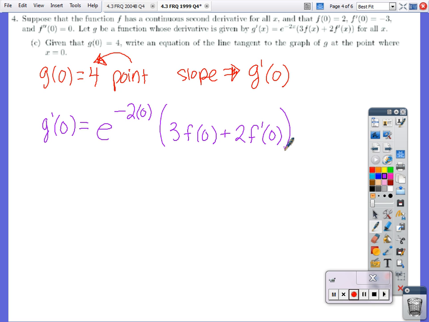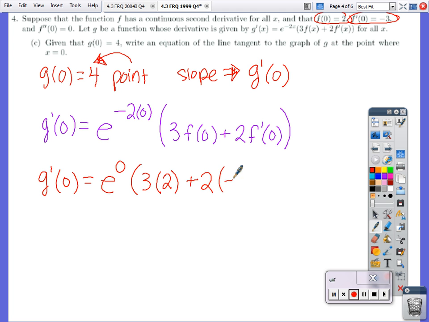What's nice is the values were all given. The actual derivative formula was already given to you. So e to the 0 times 3 times f of 0, which at the very beginning they gave us was 2, plus 2 times f prime of 0, which they gave us was negative 3. So we get e to the 0 is 1, times 6 minus 6, and so we actually get that g prime of 0 is 0.